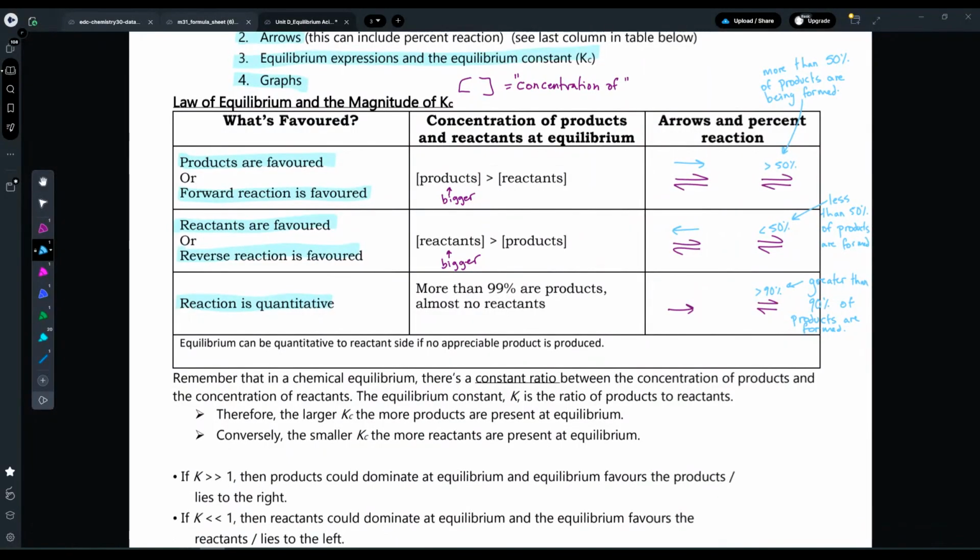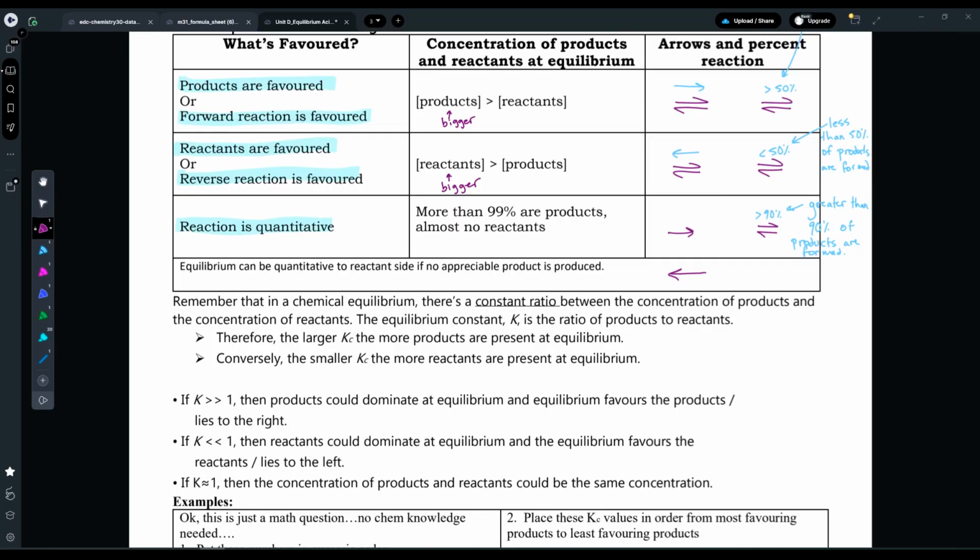An equilibrium can also be quantitative to the reactant side if no appreciable product is produced. If your reaction basically produces no products, then the equilibrium can be qualified as quantitative to the reactant side, which we would represent with a backwards reaction arrow.